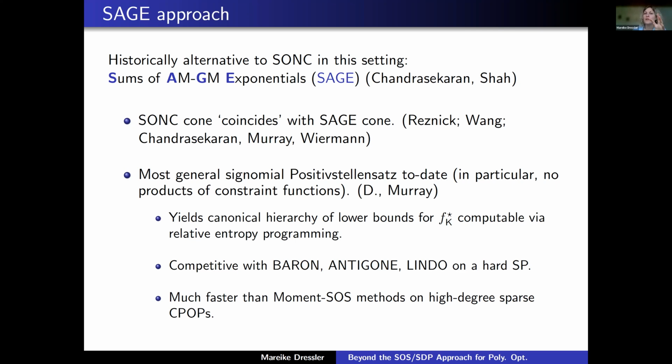And this signomial SAGE approach is also amenable to polynomials on the positive orthant. So we can compare on the polynomial problem also this approach to this SOS SDP approach. And here there are also various examples which show that this new approach is much faster than the SOS SDP methods on high degree sparse constrained polynomial optimization problems.